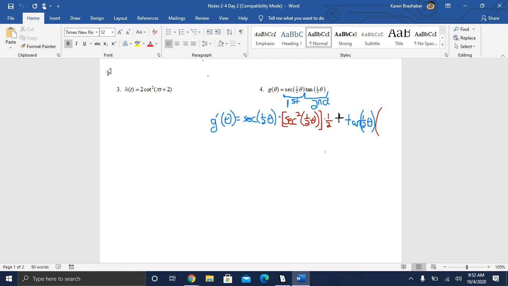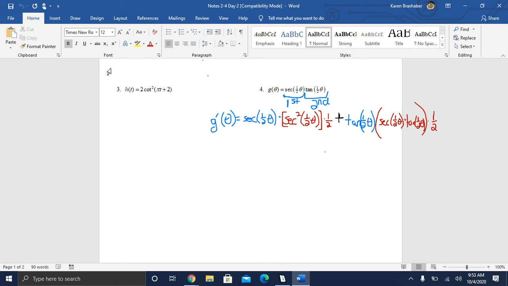So we'll do secant of 1/2 theta times tangent 1/2 theta, and then we have to do the derivative of the angle, which is 1/2. So we'll have to multiply by 1/2. And that is then your derivative line.